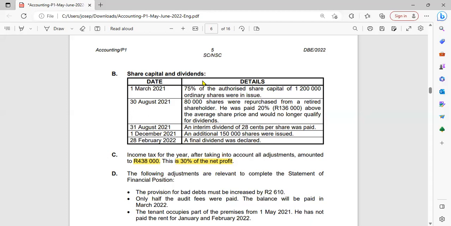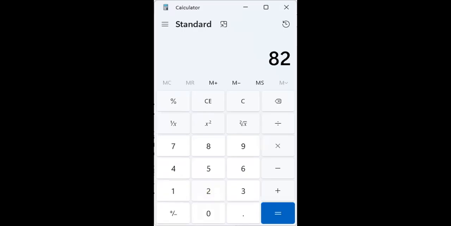So to find out how much we spent to pay our shareholders their dividends, we are simply going to say 820,000 multiplied by 0,20, right?